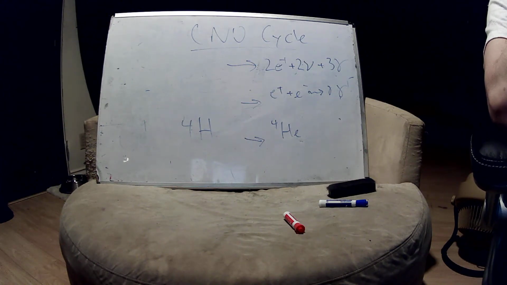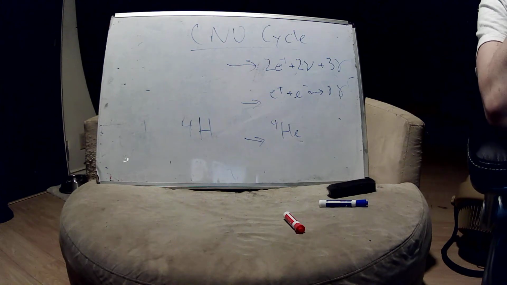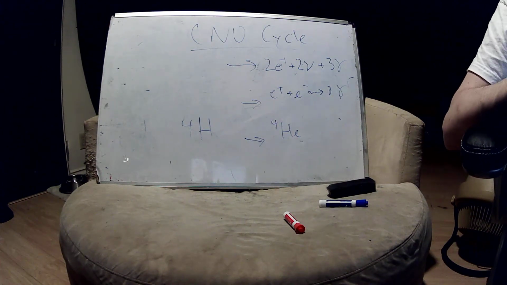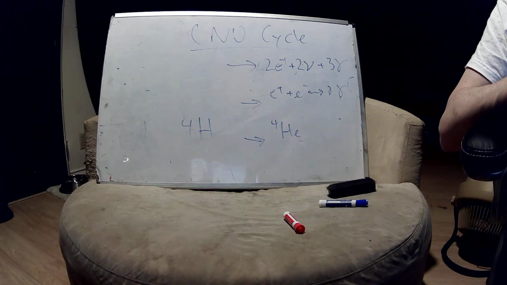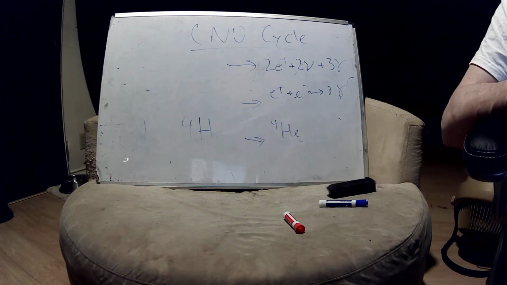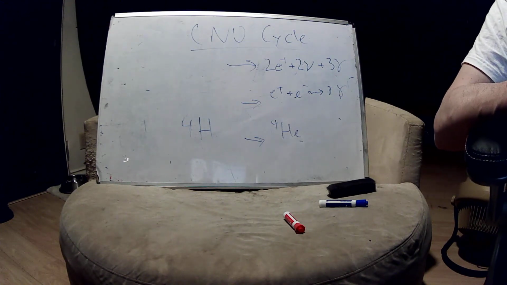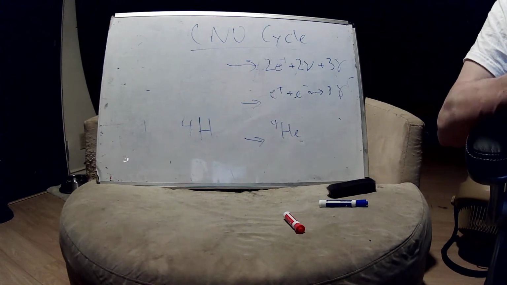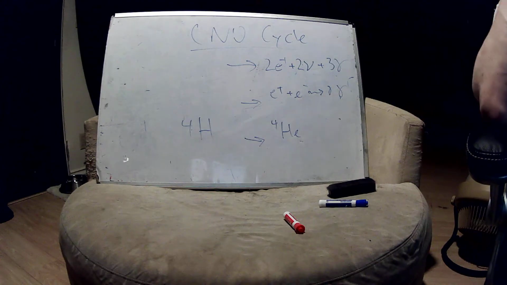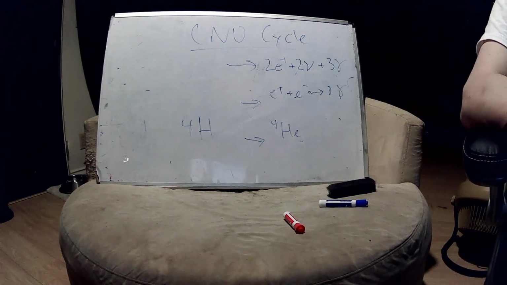And neutrinos, because they're this very funny kind of particle, they don't get absorbed and reabsorbed like light does, right? And remember, it took 100,000 years for a photon to move from the core of the sun to the surface of the sun. Neutrinos just kind of fly through. They don't interact with matter much.